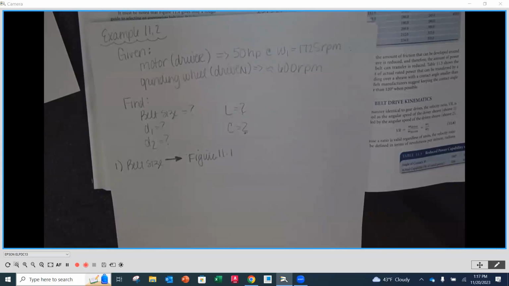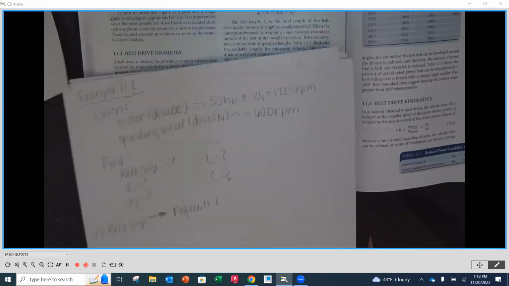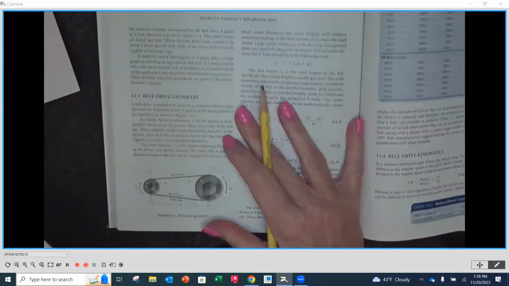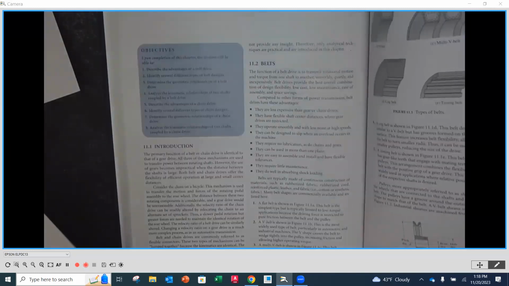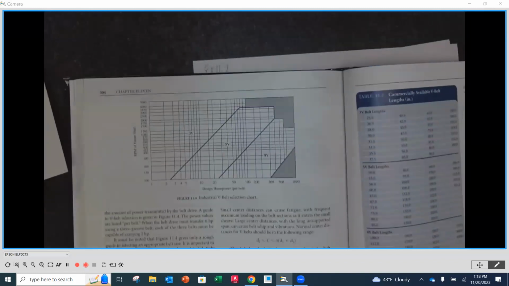Okay. So for belt size, we're going to look at figure 11.4. Oh, I thought it was table 11.1. So figure 11.4. We're going to use this to determine our appropriate belt size. In our problem, it said 50 horsepower, 1725 RPM.